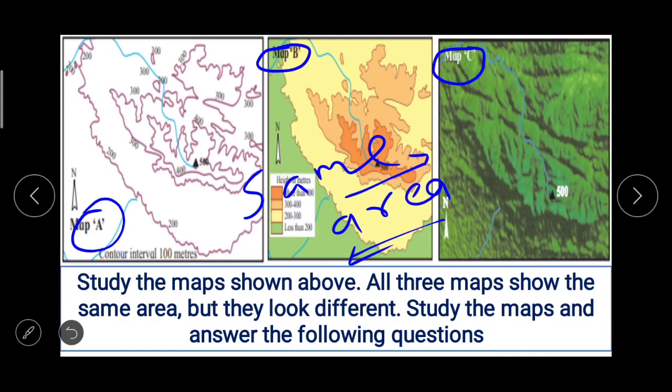How is map C different from map A and map B? In which direction is the highest point in maps A, B and C? In which map can the landforms be seen most clearly? Now just observe these maps and try to answer the questions.